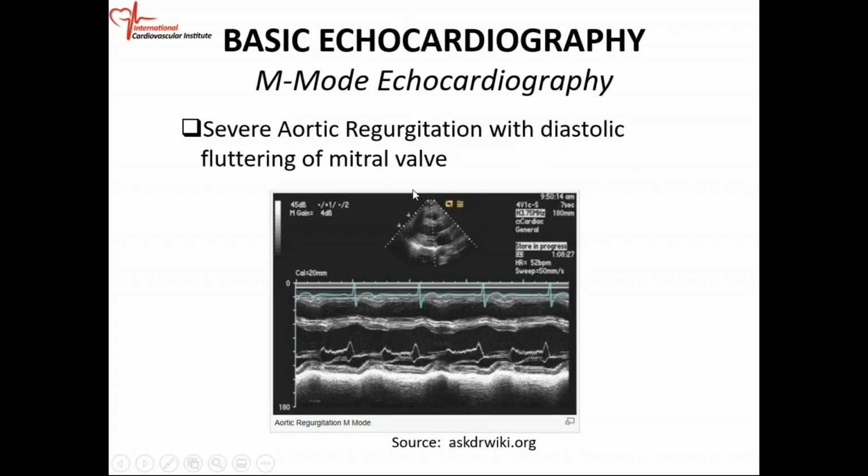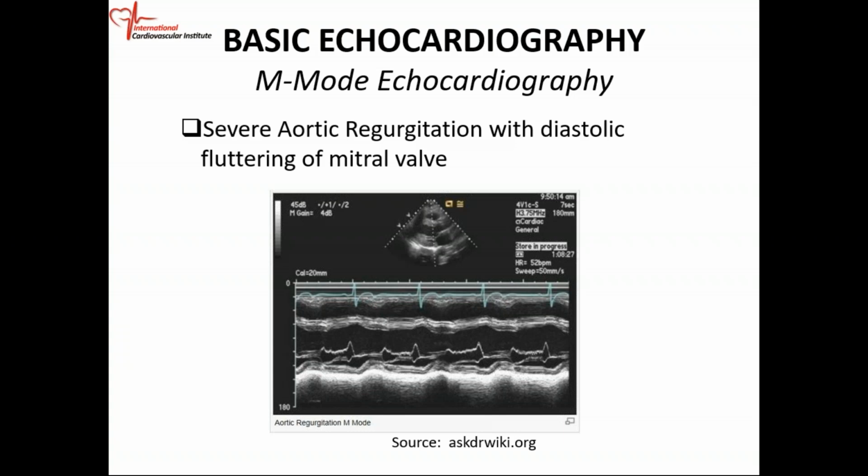Okay, so again, your two-dimensional echo transducer is right there. The cursor is looking across the mitral valve. Again, everything is gated. Your ECG is on top, and then your mitral valve is inside the LV cavity. If you think a little bit about aortic insufficiency, if it's severe, you're going to have a torrential amount of blood going back into the LV cavity.